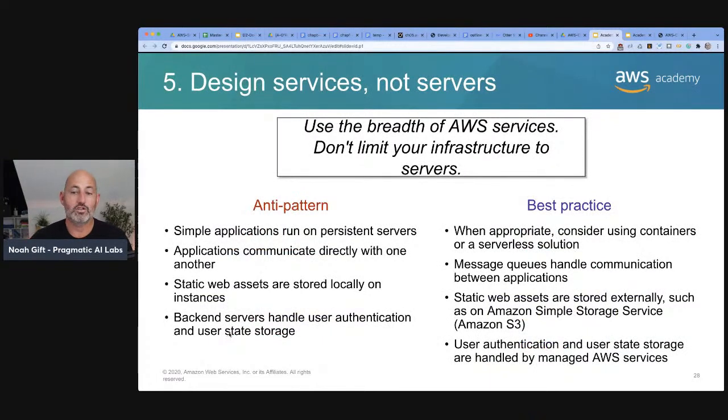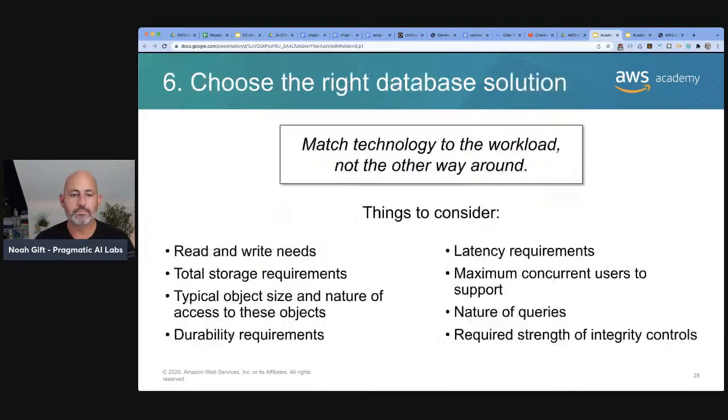You want to design a service as well, not a server. So an anti-pattern would be simple applications that run on persistent servers. A best practice, though, would be message queues, for example, that handle the distribution of a load, or a static website using S3.